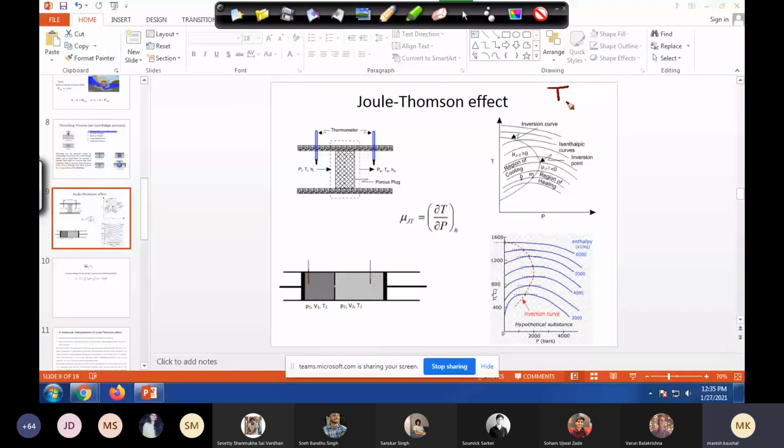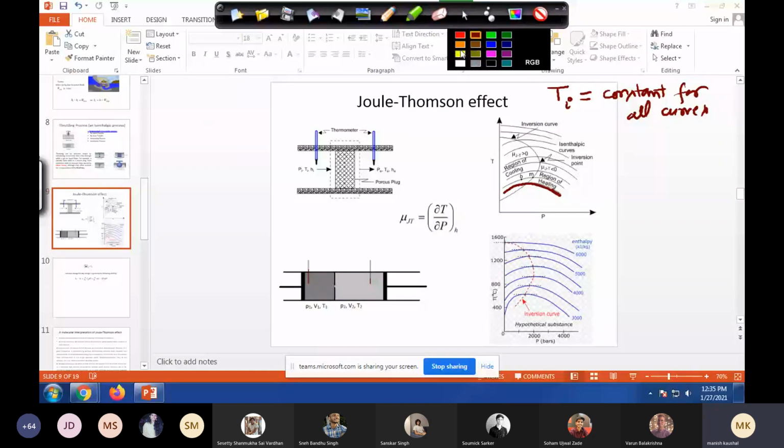I'll check in the book, but I think Ti is constant throughout for all curves. Then let's talk about one curve. For a given curve, you are saying the starting point will be Ti and Pi1, right? Yes, sir.